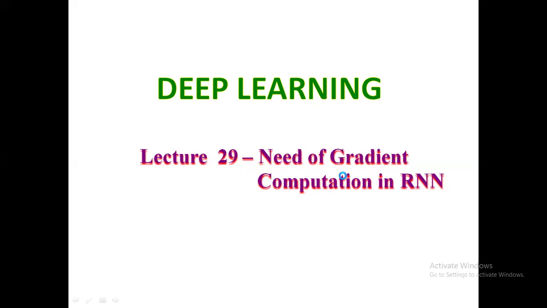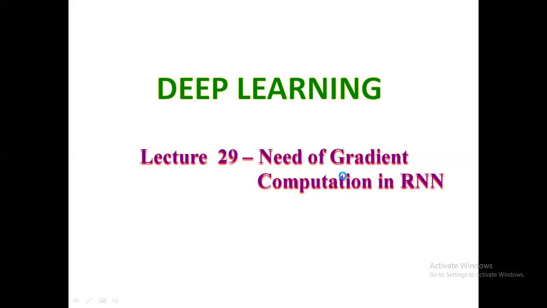Gradient computation performed using backpropagation through time (BPTT) helps determine how much each weight contributes to the overall prediction error across the entire sequence. By computing gradients, the RNN can update its weights in the correct direction to reduce errors, improve memory of the past information, and make more accurate predictions over time.